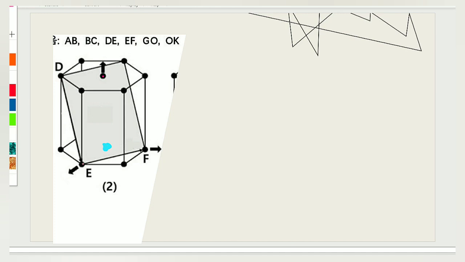Starting from origin and taking this corner, from origin to this corner, I'm taking it as positive a1 direction. Now we need to find out the positive a2 direction, and for that purpose, leaving this corner untouched, the next corner in order will be the positive a2 direction, starting from origin.